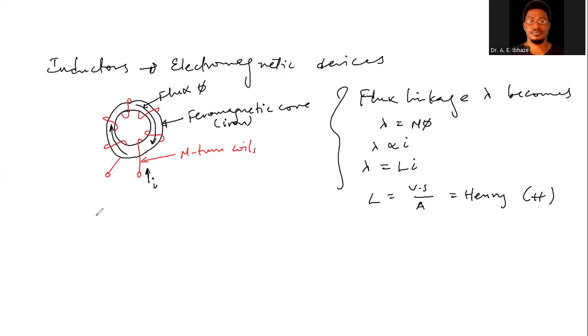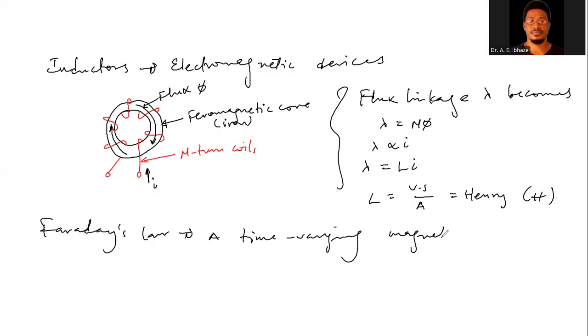Now, you want to recall Faraday's law. From Faraday's law, we know that a time-varying magnetic flux linking a coil will induce a voltage.